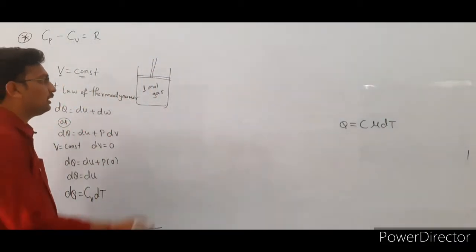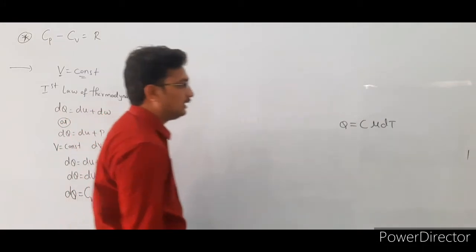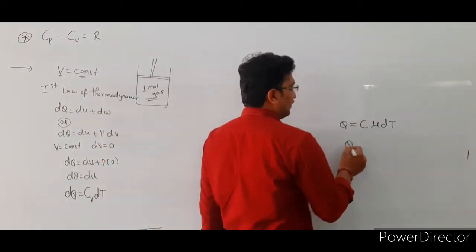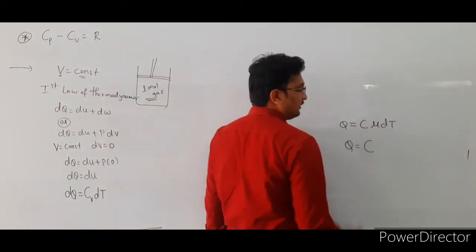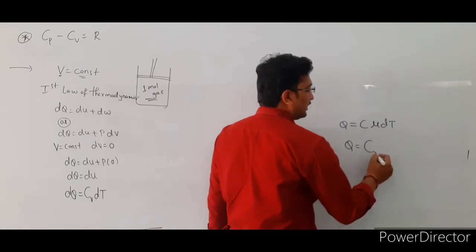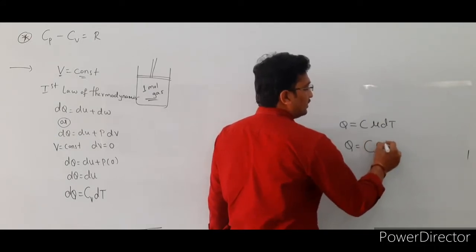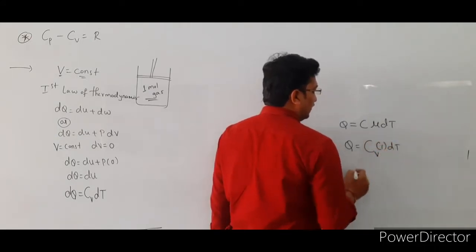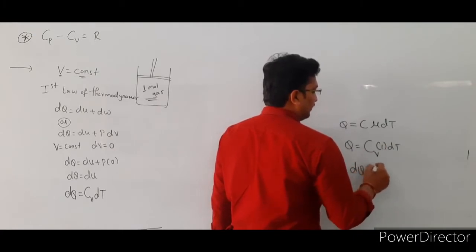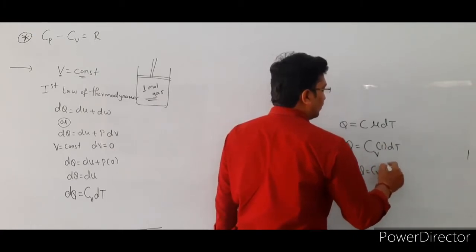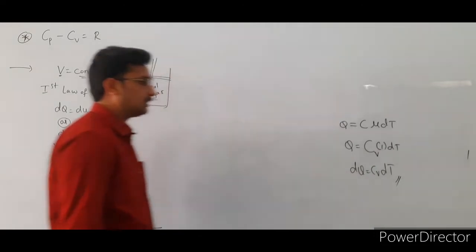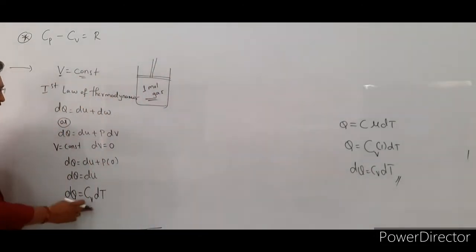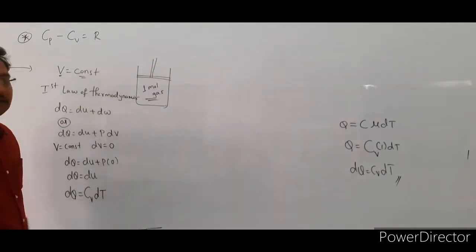Here we consider only 1 mole of gas, so the heat energy supplied, with the volume constant, is Cv, number of moles is 1, into dt. So dq is equal to Cv dt.